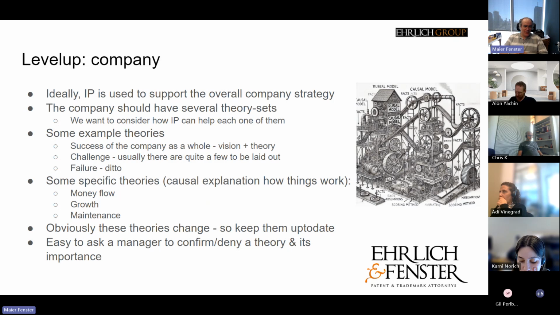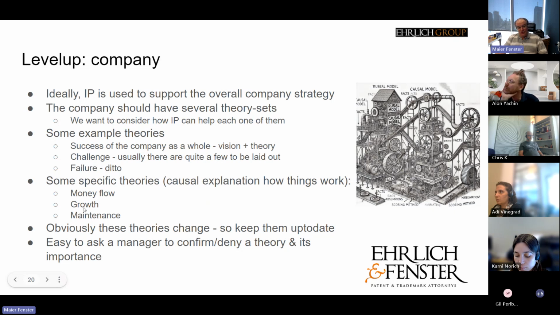Okay, I have a company. The overall company strategy, that's what we want to support with IP. So the company should have multiple sets of theories, each for one of the things that the company wants to do. And for each one of these theories, we can ask, how can IP help you do it? So here's just an example. The company might have a theory about how it achieves money flow, cash flow, but also actual income.